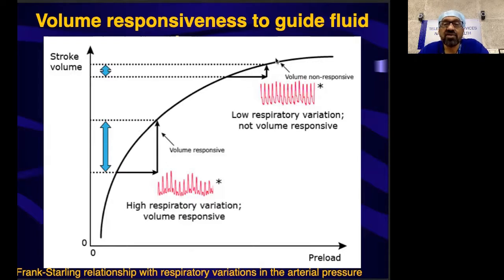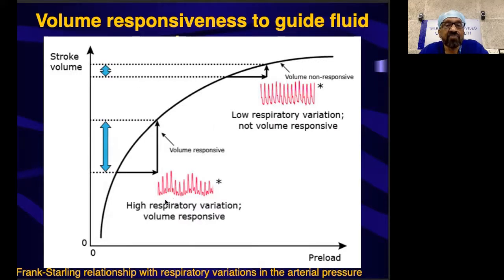but in the flat portion of the curve, there is no further increase in the stroke volume with increased preload, which means that the top portion or the physiological limits of the Frank-Starling relationship has been achieved, and hence any further increase in the preload will not increase the stroke volume as is depicted in this picture.